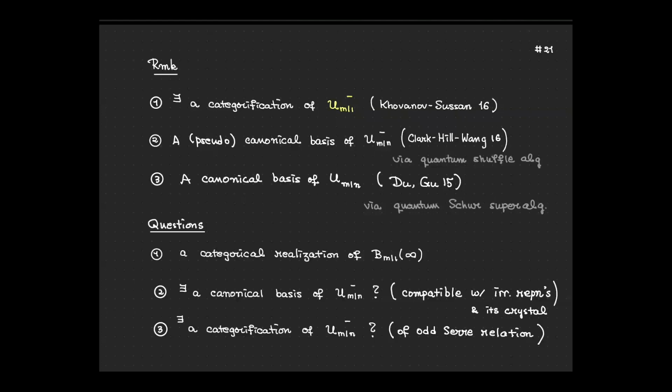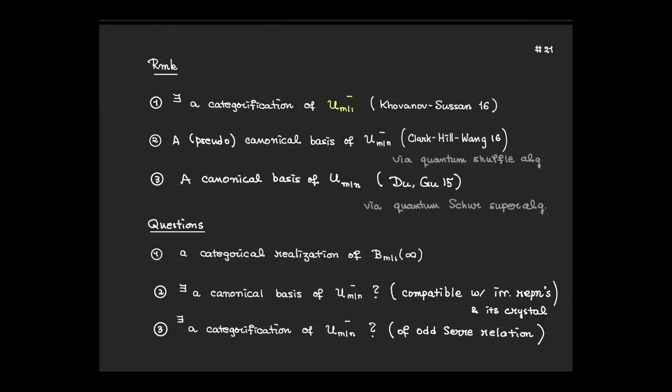Okay, so the related question is, we have an abstract crystal at least for GLM1 infinity, and actually there is a categorification by Khovanov and Sussan. So it is natural to think about, and I think it might be interesting to think about, the categorical interpretation of our abstract crystal using Khovanov and Sussan's language. Also my question is whether we still have some nice canonical basis which is compatible with irreducible representations as crystals.